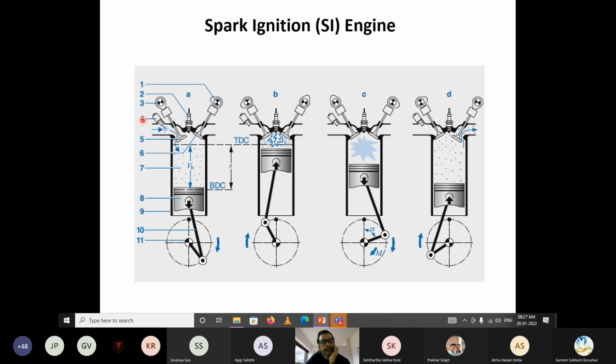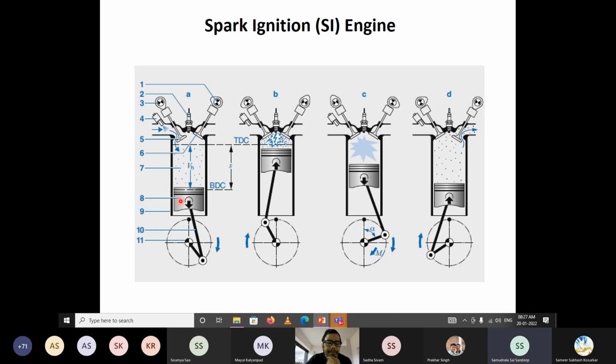What is fourth? Fuel injector. Absolutely correct. Fifth, intake valve. Sixth, exhaust valve. Very good. Seventh, combustion chamber. Very good.